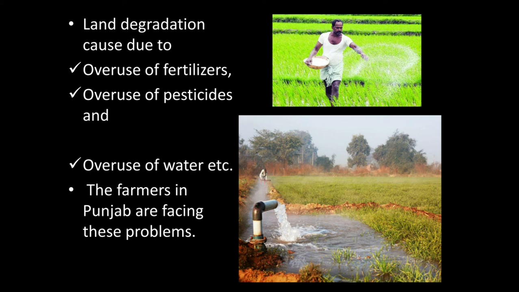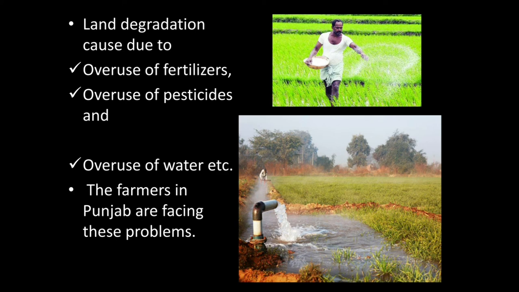So, on the other side, the green revolution also led to land degradation because of the greater utilization of chemicals like pesticides, fertilizers, insecticides, etc. And as the green revolution also required more irrigation facilities, because of more and more irrigation, the land loses its natural fertility over time.